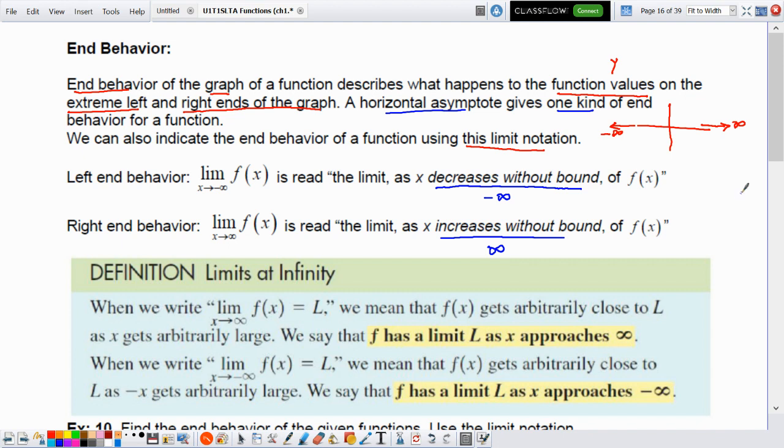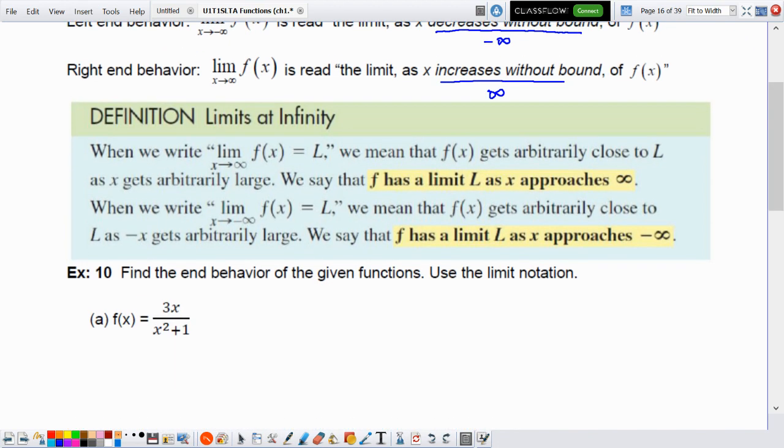This is also called limits at infinity, going to positive or negative infinity. If it levels off at some number L, then we say that the limit is L. In other words, this is a horizontal asymptote at y equal to L.